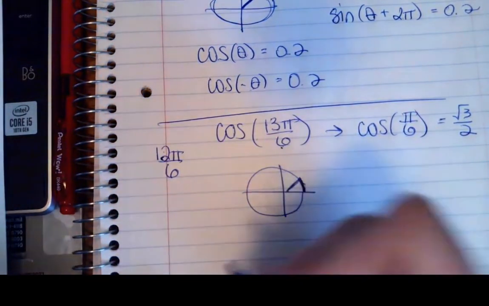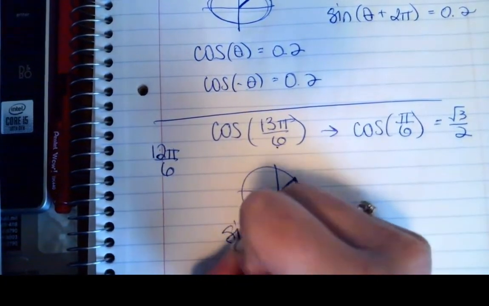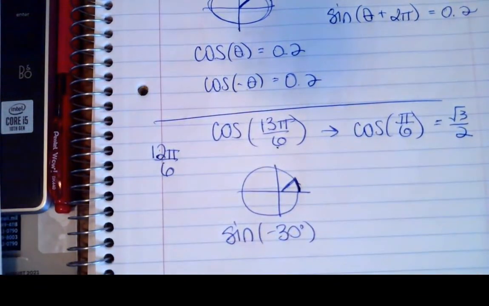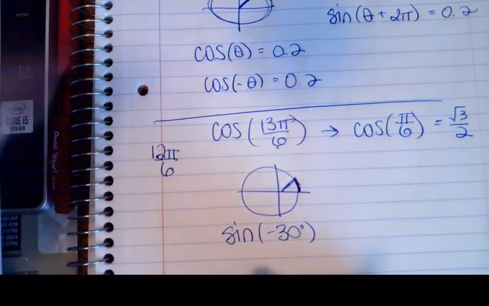What about the sine of negative 30 degrees? Well, I can use even and odd properties. I can use the reference angle. I can do all sorts of stuff.